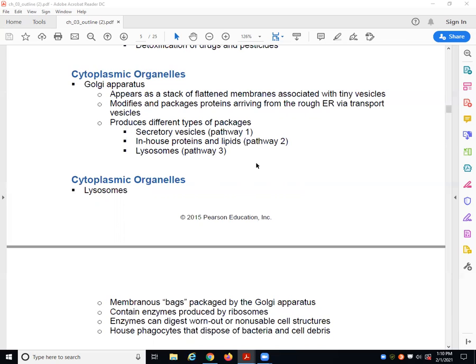And then third pathway is going toward or making lysosomes. And we'll learn more about lysosomes now, but those are basically the three different pathways that packages can take from the Golgi apparatus. Okay, they can be sent out of the cell, the products can be used inside the cell, or they can be sent to the lysosomes.